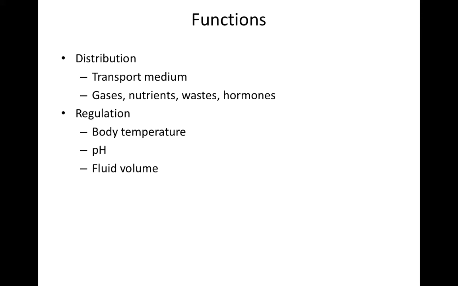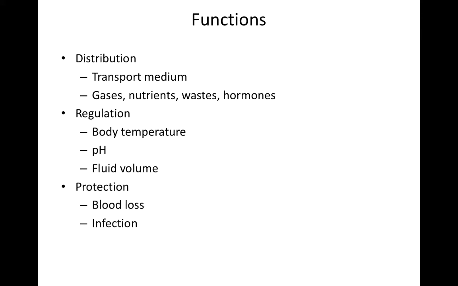It's going to play a role in maintaining the proper pH of your body fluids, as well as maintaining the proper volume of fluid in your body. Those are two things we're going to get into extensively later in the semester, but it is worth noting that blood definitely plays a role in homeostasis.